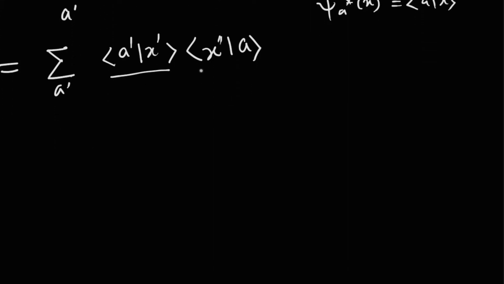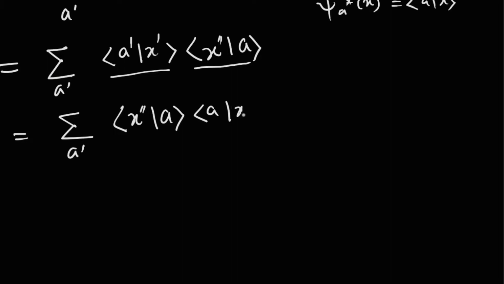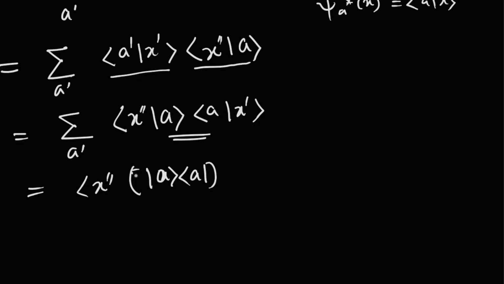Since these two are complex numbers, they are commutative, so we can exchange these two numbers. That means ⟨x''|a'⟩⟨a'|x'⟩. Since |a'⟩ is an orthonormal basis, it will follow the closure relation, summation of |a'⟩⟨a'|.